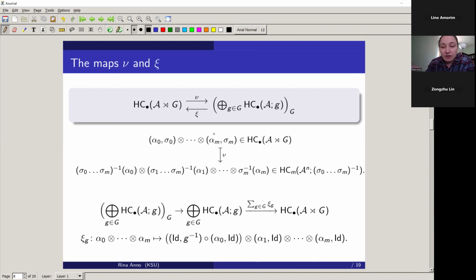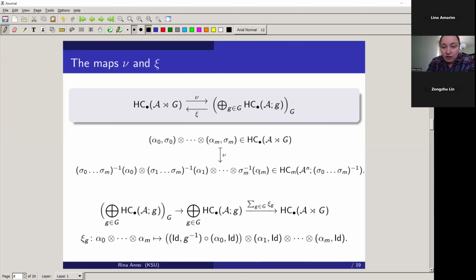It's almost like we are moving all the sigmas to the left, through all the alphas.